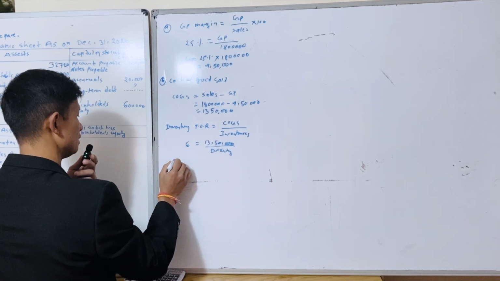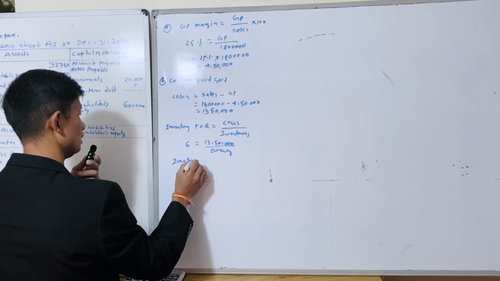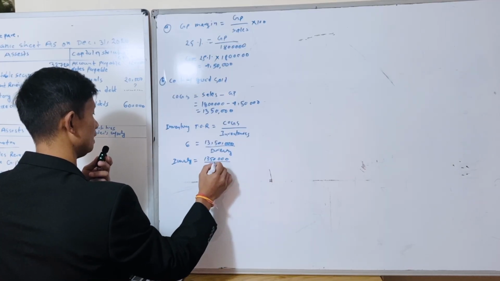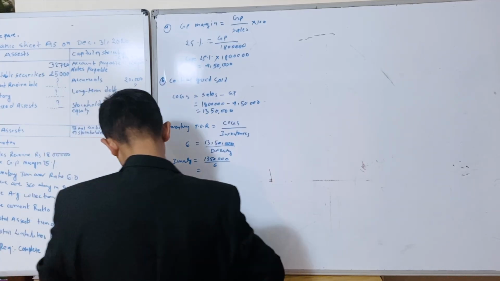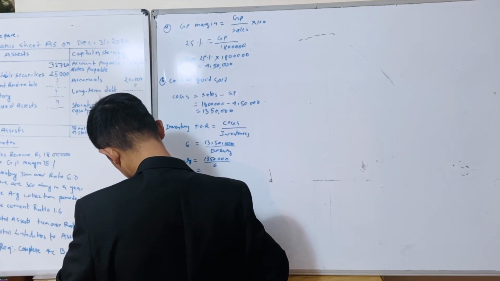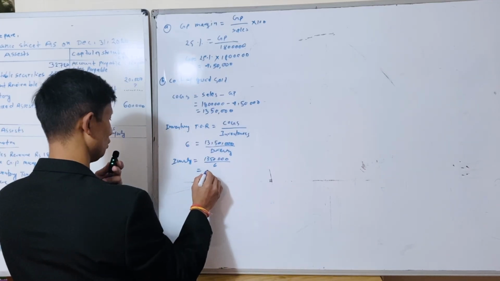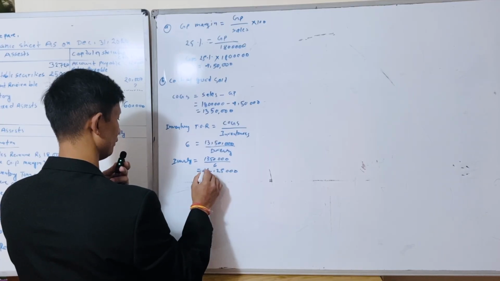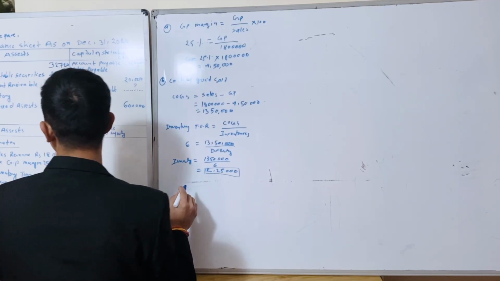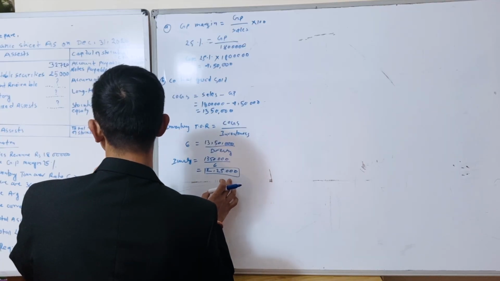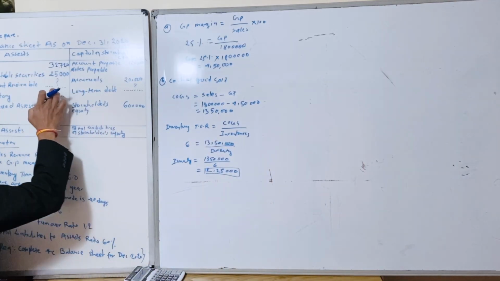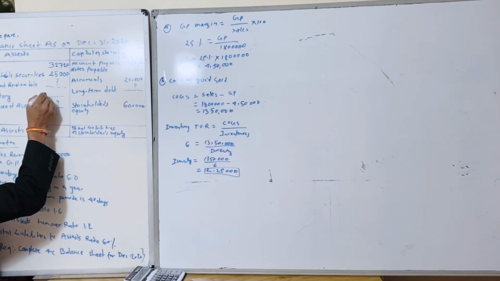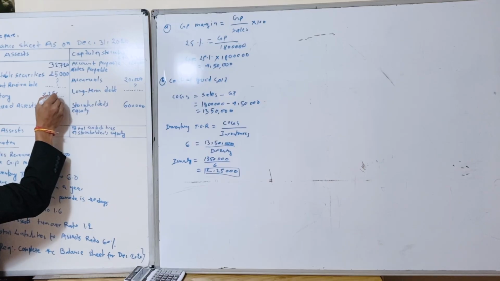So we can find out inventory by dividing 6. 13 lakh 50,000 divided by 6 is 2 lakh 25,000. So we got the inventory figure, which is 2 lakh 25,000. So let's put this amount here, 2 lakh 25,000.